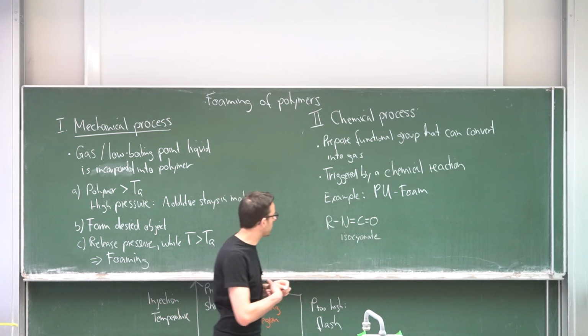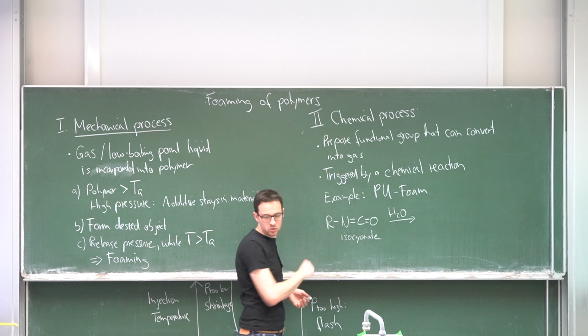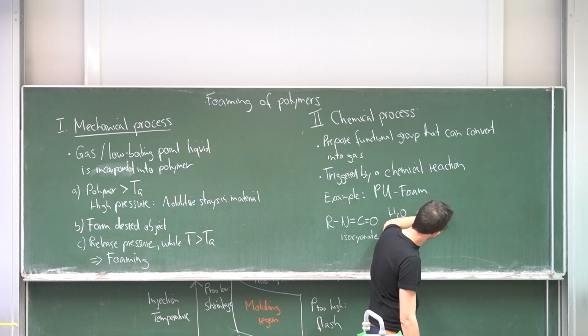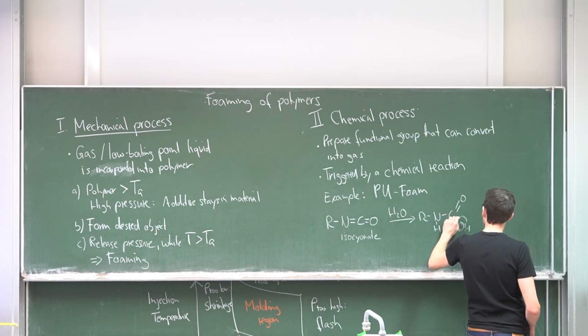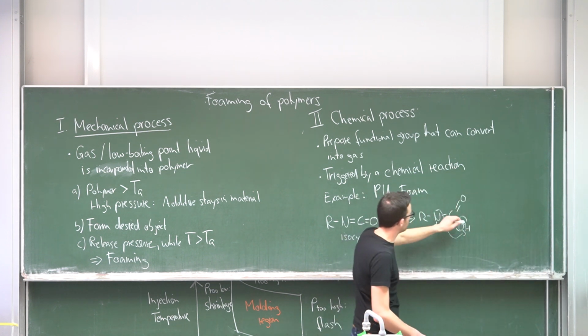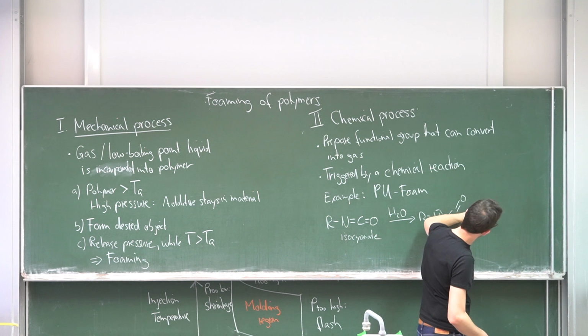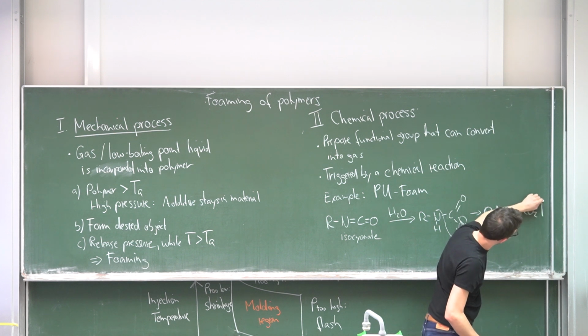And we saw that with traces of water, this could convert into an intermediate form, and this directly then rearranges into, so the hydrogen goes to the nitrogen and CO2 is released, and then we create CO2.